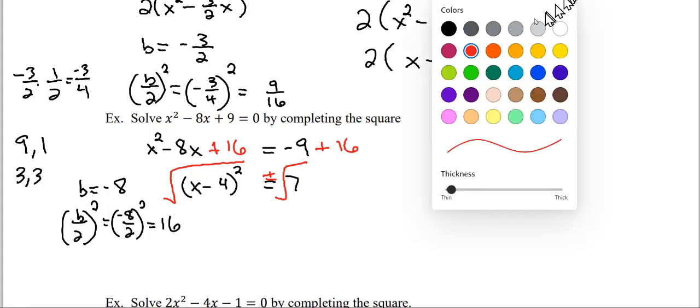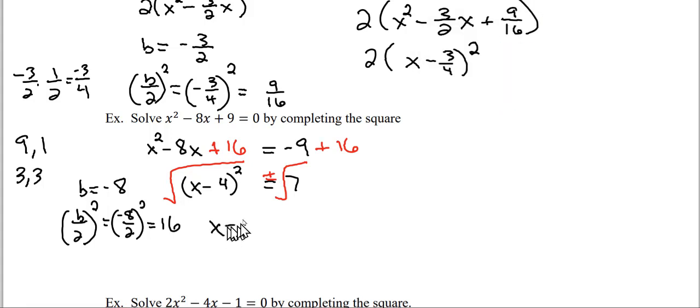That allows us to simplify that into x minus 4 equals plus or minus the square root of 7. It's a little messy. Let me get rid of that. Try that again. Plus or minus. There we go. And then we add 4 to both sides. We get 4 plus or minus root 7.